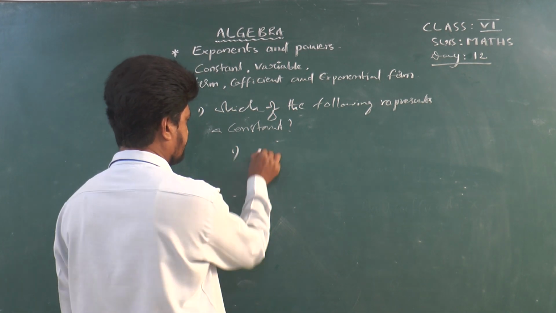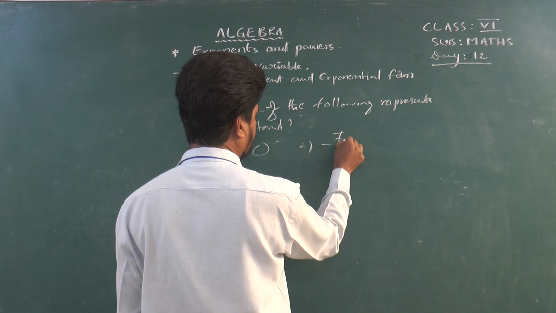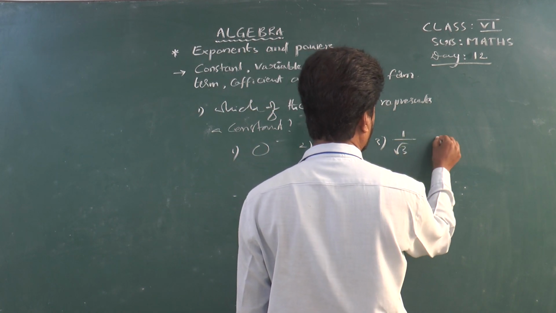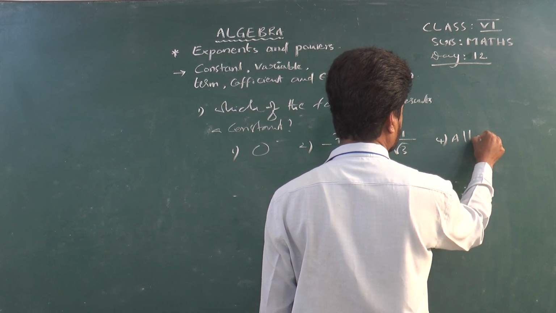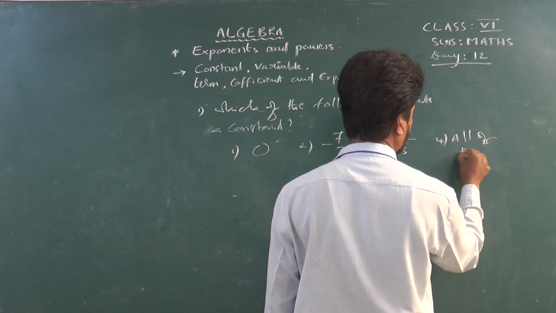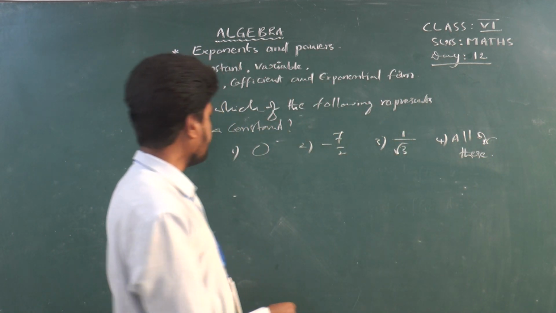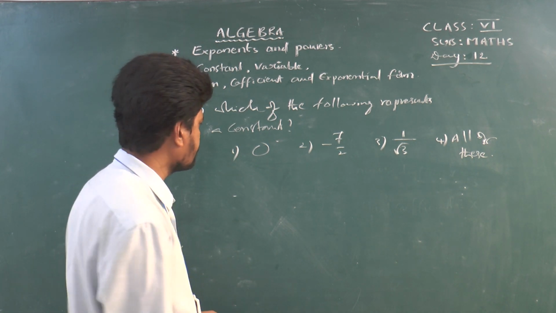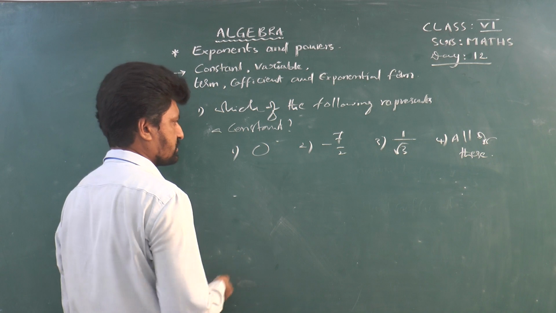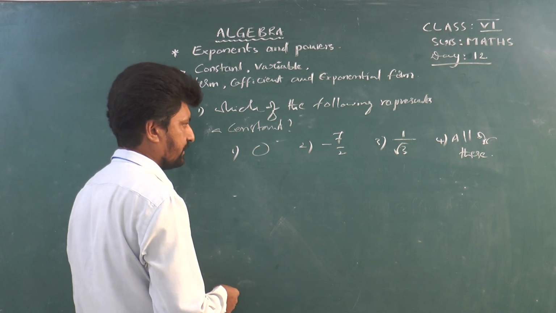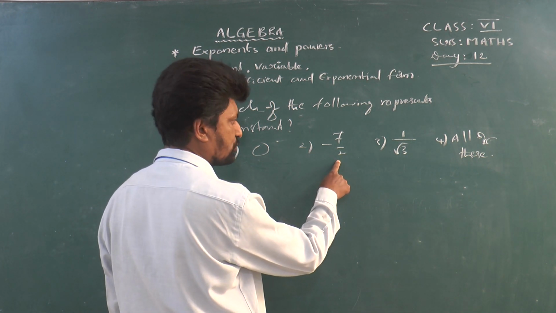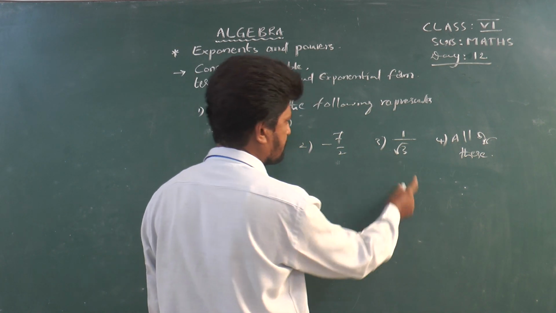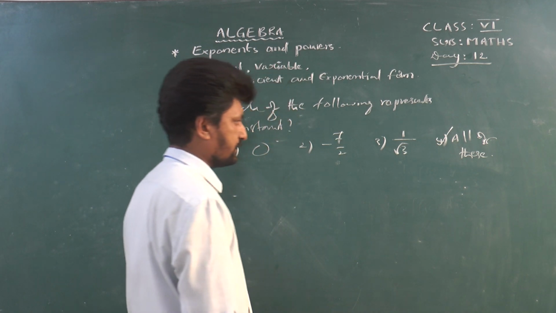Suppose the options given are like this: 0, second option minus 7 by 2, third one 1 by root 3, and fourth one, all of these. Which is constant, we shall verify. 0 is a constant term because it does not change its value. Minus 7 by 2 is also a numerical value, it also does not change, it is also a constant. And 1 by root 3 is also constant. That's why all of these is the answer.